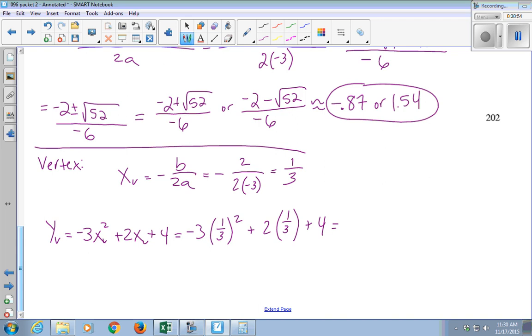Type this all into a calculator. I get 4 1/3. Four and 1/3. So now I know my vertex is at (1/3, 4 1/3).